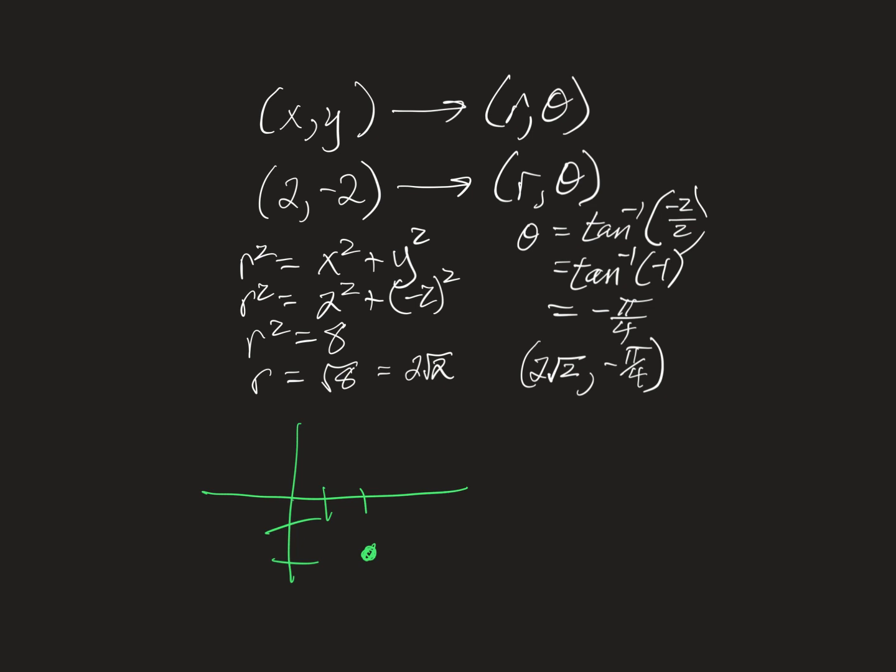So negative pi over 4 is this angle right here, and then you go 2 square root of 2 out on that, and you'll end up in the same place. So I'm comfortable that this is equal to (2, negative 2) in rectangular coordinates. Fair enough. So let's go on.